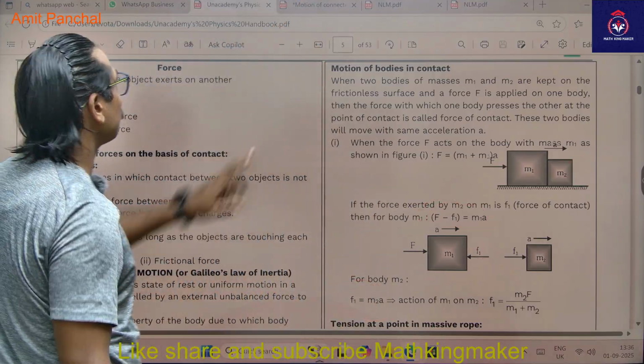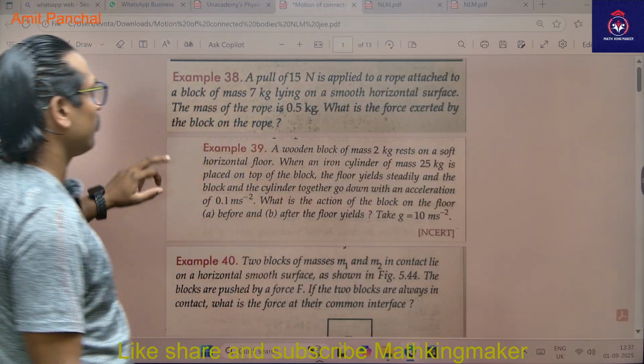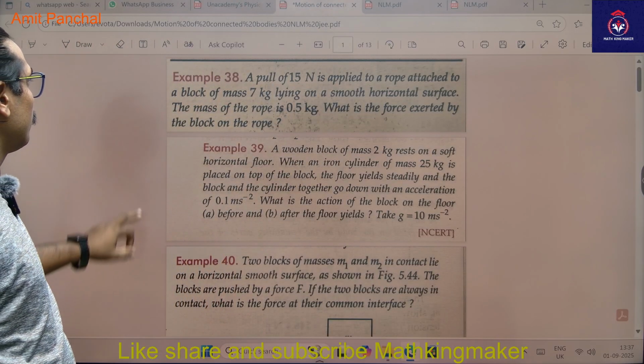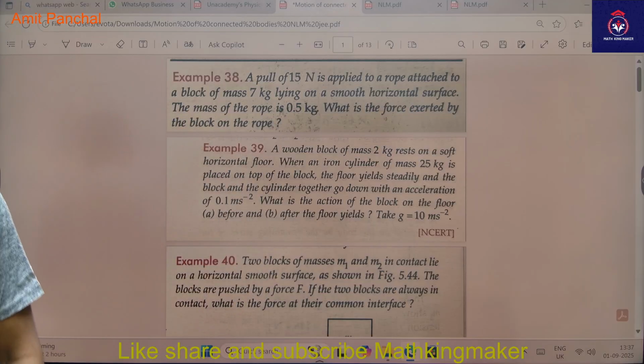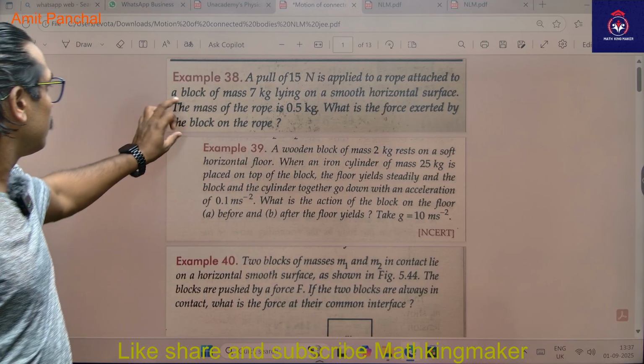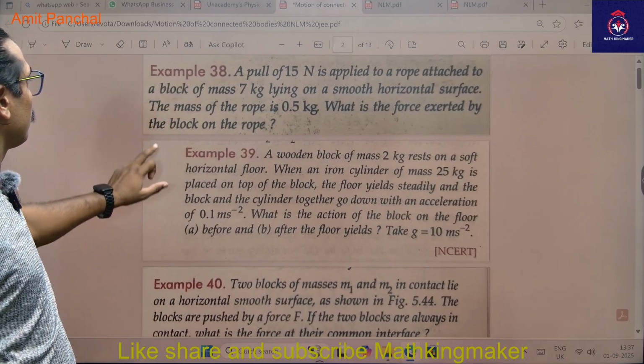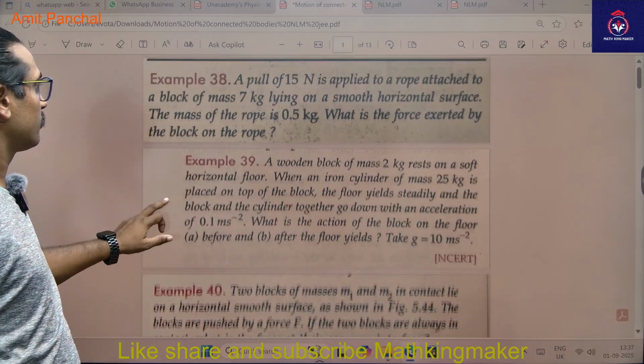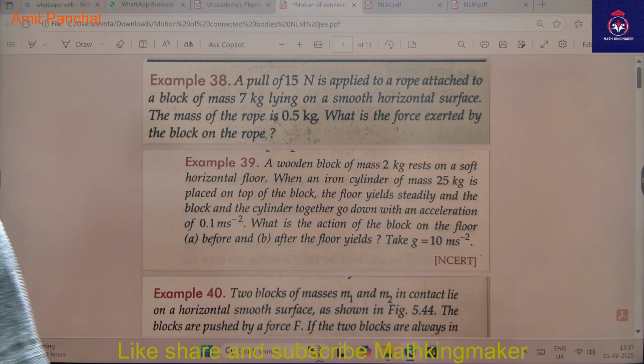Now we'll do some questions based upon this technique. Just try to do this example 38. Is it visible to you? Example 38. First of all, try to draw the figure. Then draw the forces which are applied upon this block, and then you will be able to solve the question.